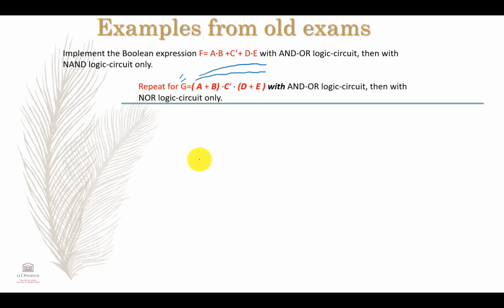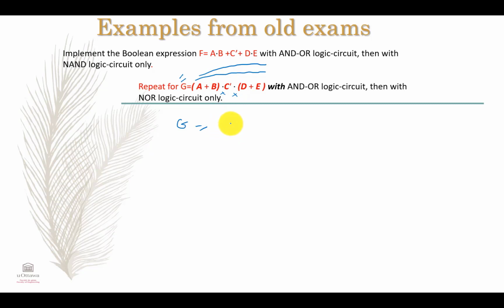Now this G can be rewritten as follows: I have to change the operation here from AND to OR, and then apply the complement on every term that I have.